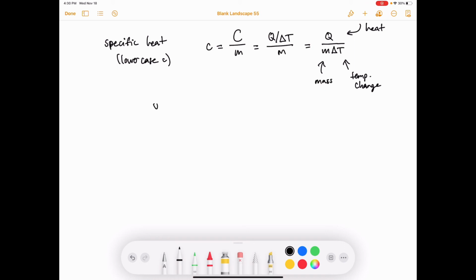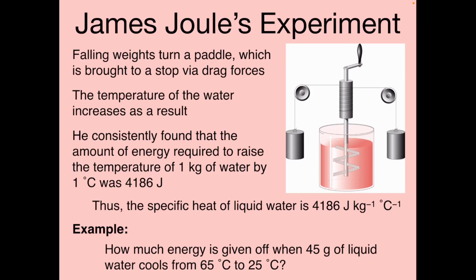So thinking about the units here, again, we have energy units on top, joules, then mass units, kilograms, and temperature units, Kelvin on the bottom, or those temperature units can equivalently be degrees Celsius. So one specific heat that we're going to see come up a lot is the specific heat of liquid water, which is 4,186 joules per kilogram per degree Celsius.